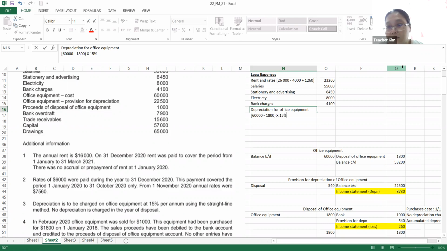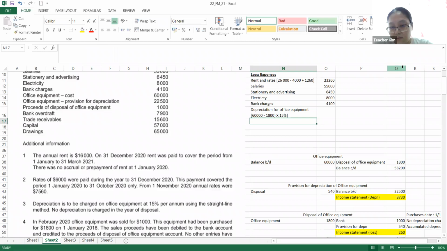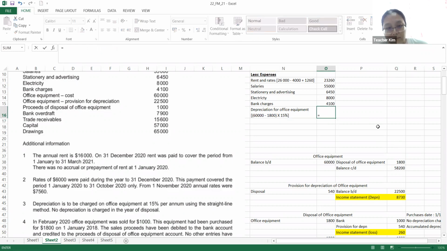Okay. So this one put in. Try to show your working beside your detail. So here, because we get the amount already, we put it minus 1,008 times 15%.